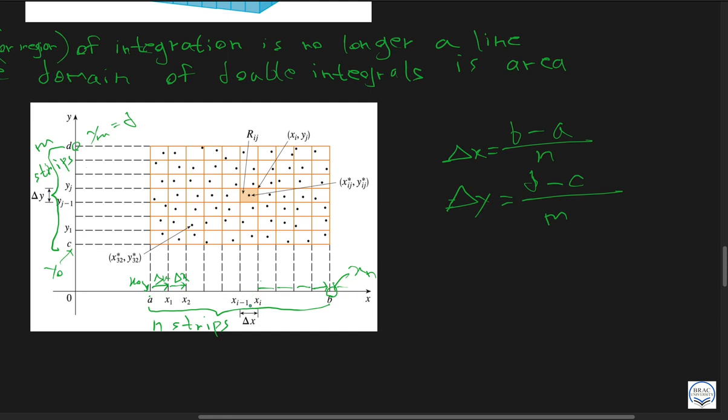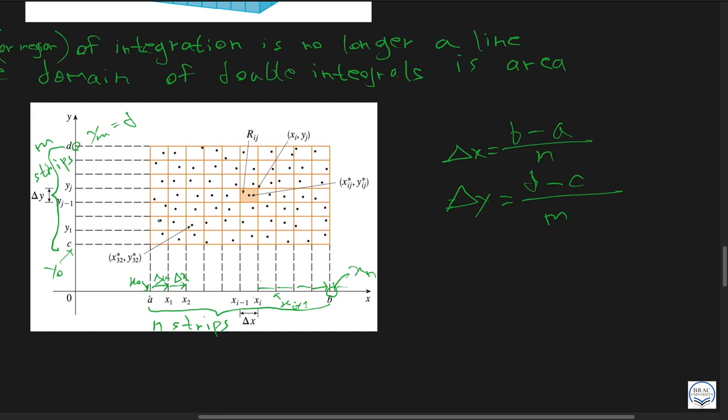And the ith index is just an arbitrary index that can vary from 1 to n. So for instance, here we have seen this is xi and this is xi minus 1. So they're adjacent. If I decrease by 1, it will go to the left. If I increase by 1, which isn't shown here, this is xi plus 1.